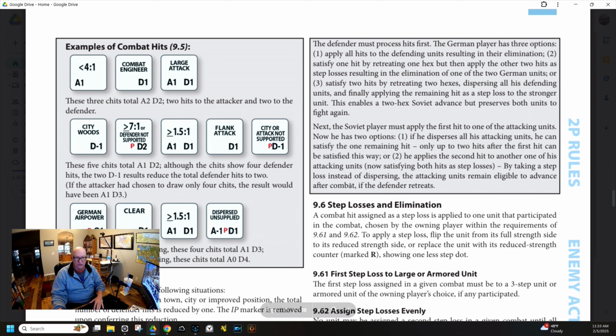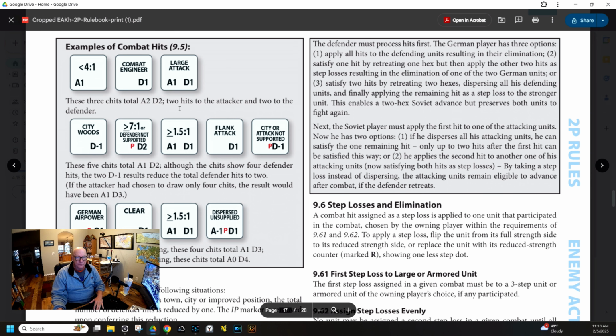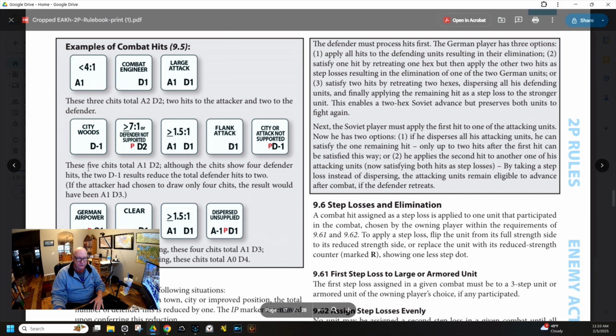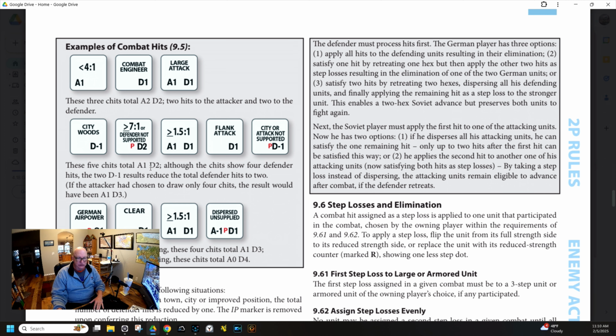So here's an example, right? These 3 chits on the top total A2, D2: 2 hits for the attacker and 2 hits for the defender. The 5 chits in the second row total A1, D2.